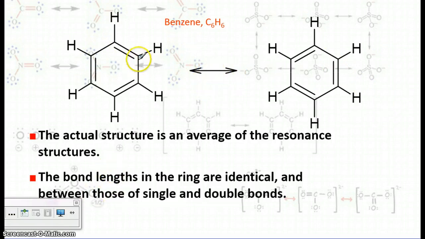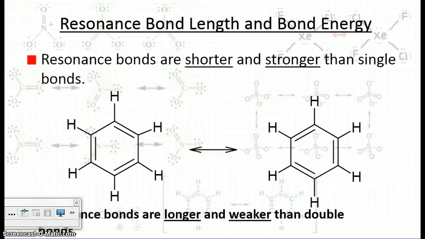When we look at the bond lengths, we would expect that the double bonds would be shorter because they're sharing more pairs, and so the atoms should be closer together than these single bonds. But what we actually see is that all of the bond lengths in the ring are identical, which means that it actually is an average of the two. So it doesn't switch between the two, it's an average of them. So all the bond lengths are identical.